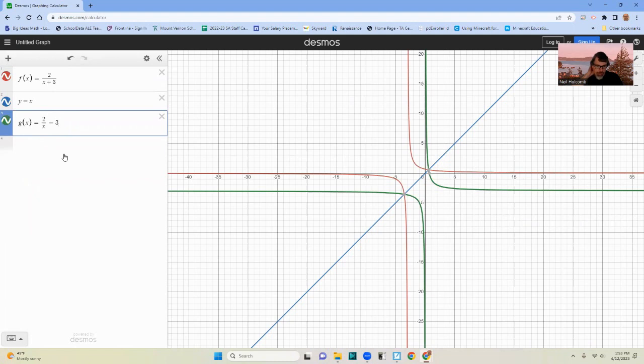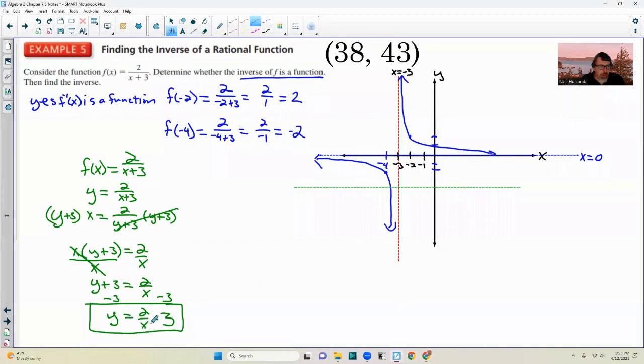There it is. So that red function, as you can see, if you reflect it across the blue line here, y equals x, the red is a reflection of the blue. Same with down here. So there is the function verified by graphing: y equals 2 over x minus 3.